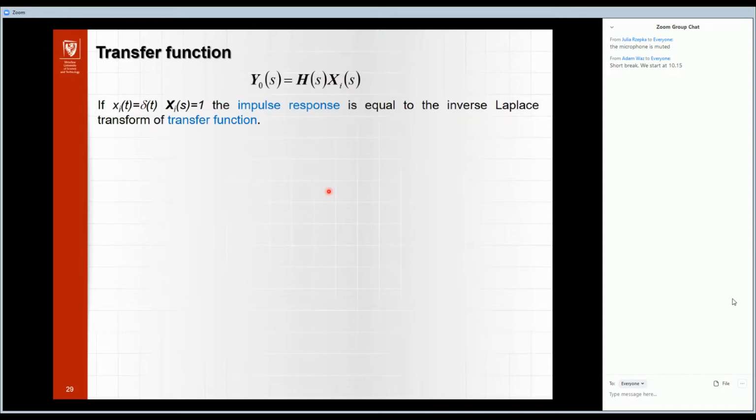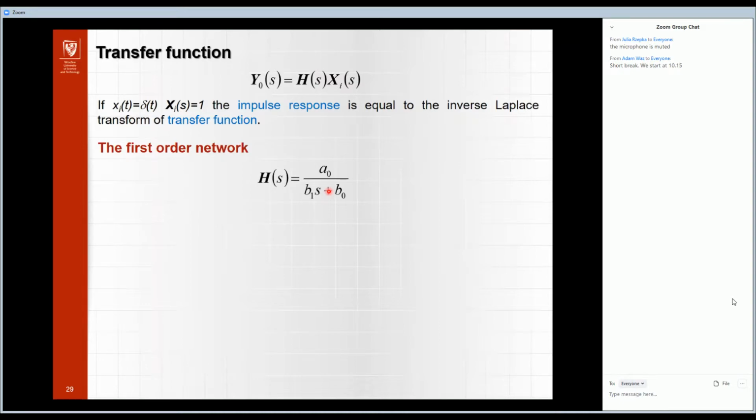I showed you one week ago examples with the digital scope, but we used the unit function instead of delta because we cannot produce this delta in practice.